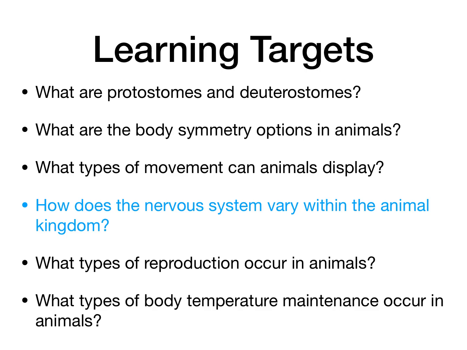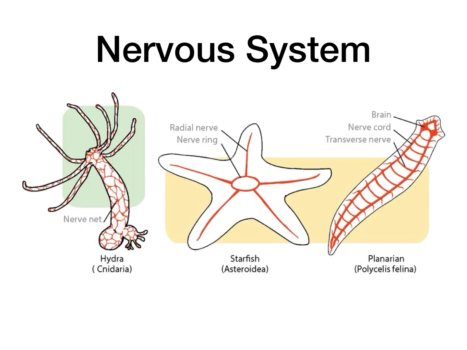So how does the nervous system vary? Pretty significantly. So in a real simple animal like we have here with a hydra, we see a nerve net where we see nervous tissue running throughout the animal pretty evenly distributed. Sometimes there's a nerve ring like we see in some animals with radial symmetry.